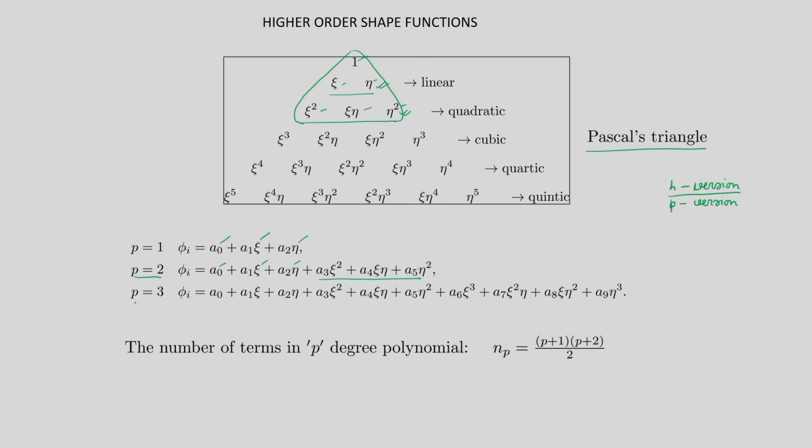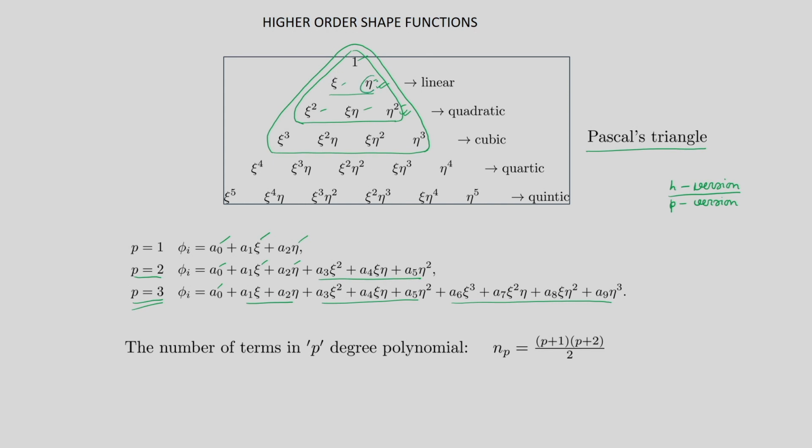Similarly, to construct the polynomials for p equal to 3, we have to consider all the terms in and above the fourth row. That is, the constant term, linear terms, quadratic terms and all the cubic terms, and so on. As you go and increase the order of the polynomial, we have more and more terms.